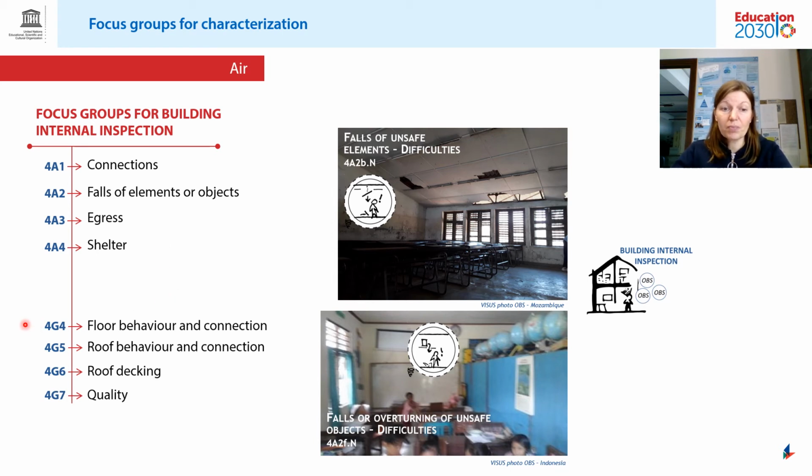In general, concerning general hazards, it's also necessary to look at the floor behavior and connection. So if the floor can detach from the structure, the roof behavioral connection, the roof decking.